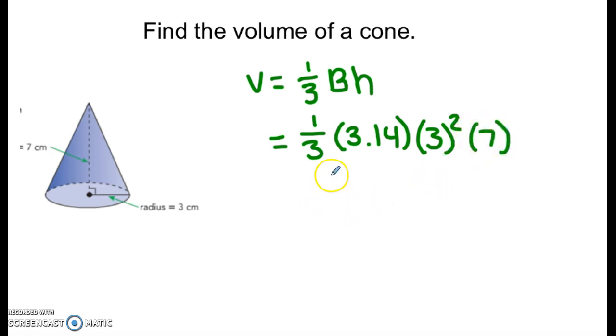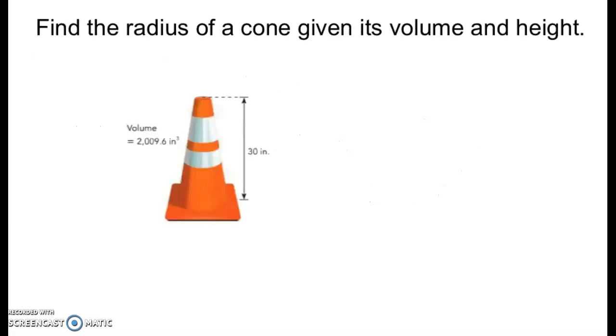Plug it into your calculator and round to the nearest tenth. We get the volume of this cone rounded to the nearest tenth is 65.9 centimeters cubed.